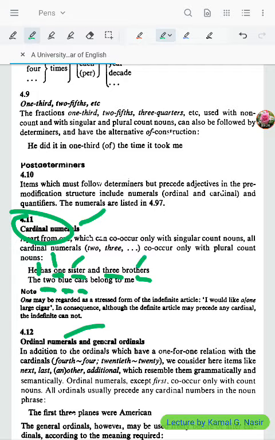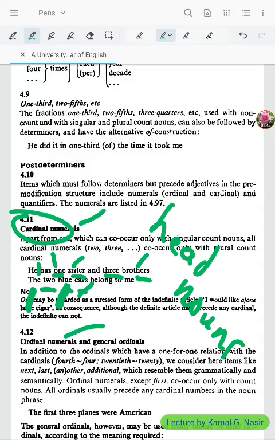Sister and brothers and cars are head nouns. What comes before is what? Directly before the head noun in this example is an adjective, right? And there is what? Determiner, and 2 post determiner.